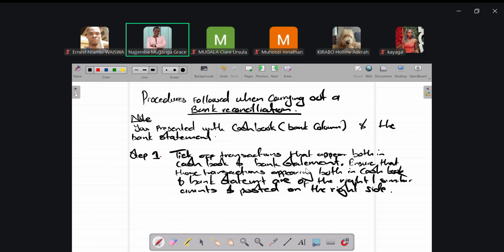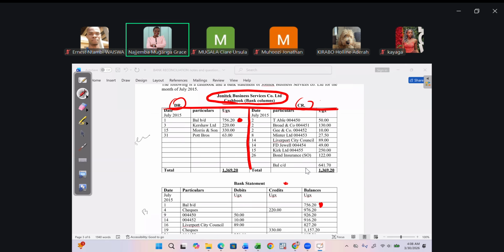If this is your cash book, you have a transaction of maybe this check number 004450. In the cash book, the accountant recorded 50 shillings.